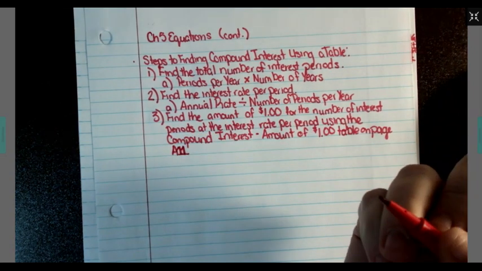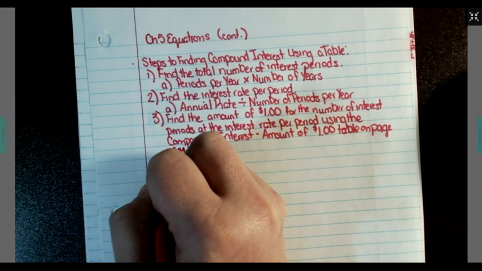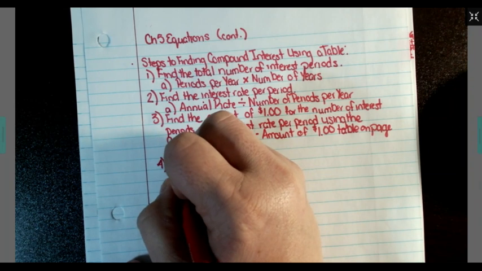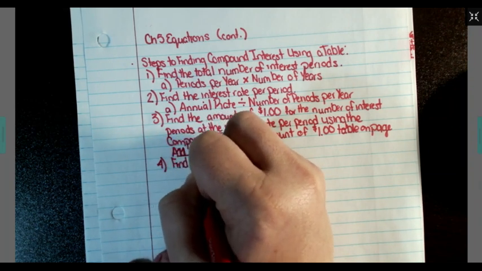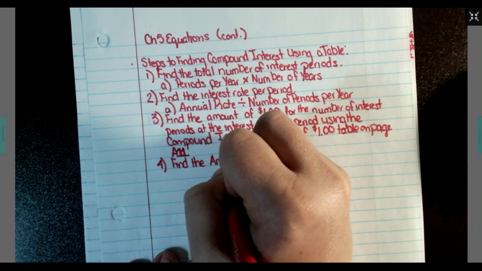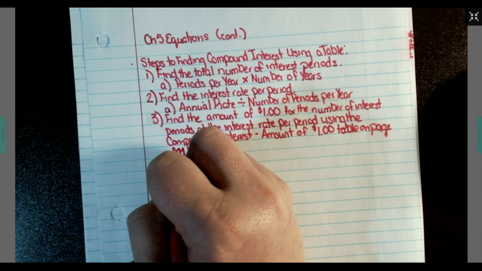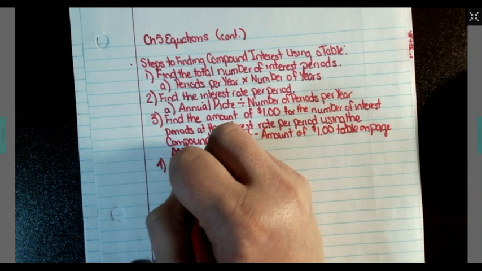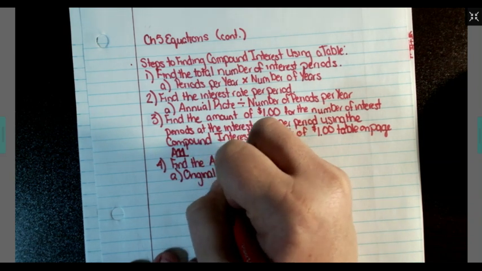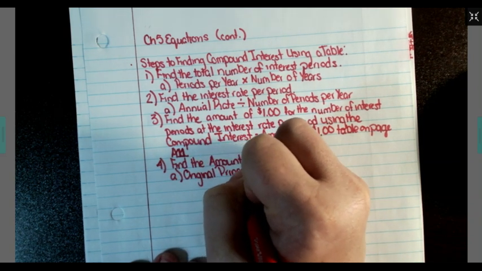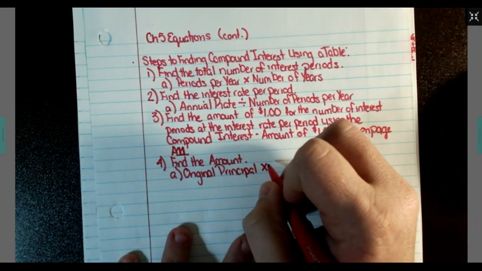Next, Step 4. Find the amount. You're going to do original principal times the amount of $1.